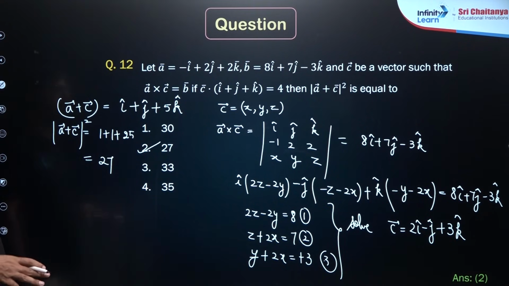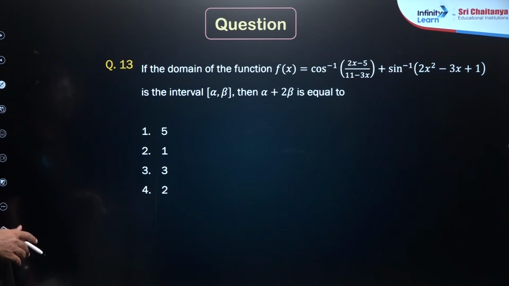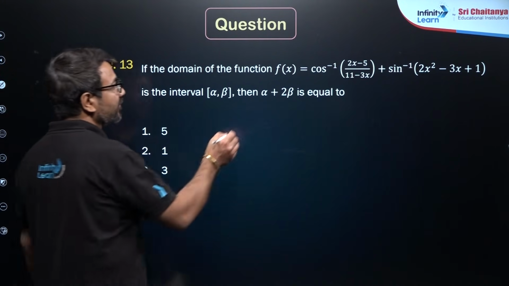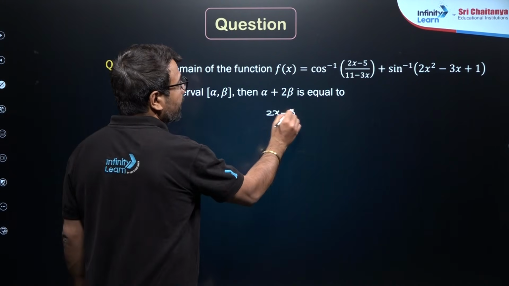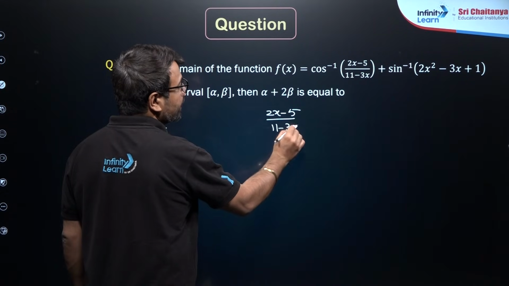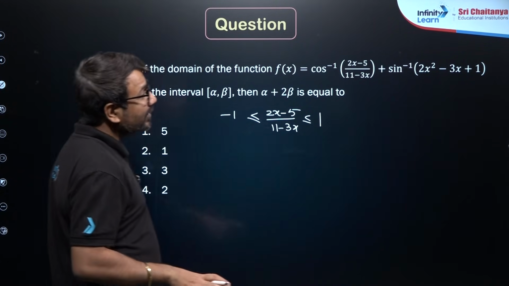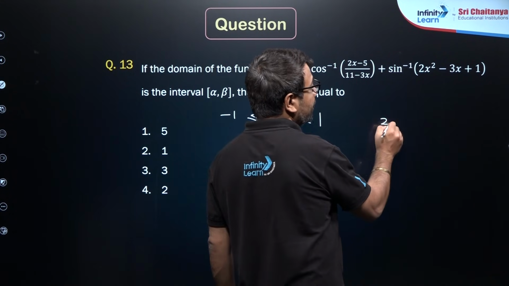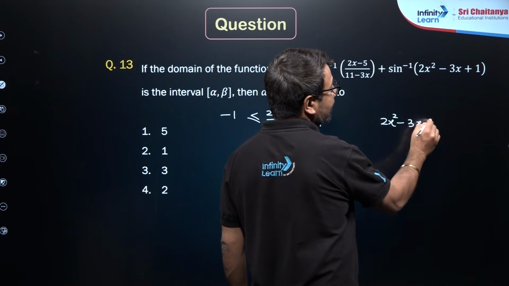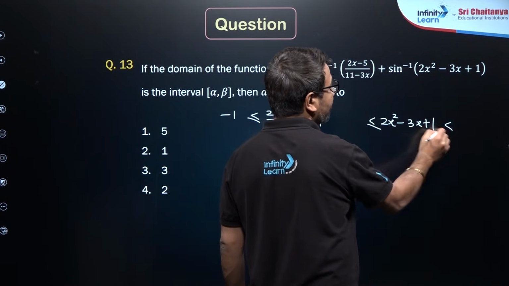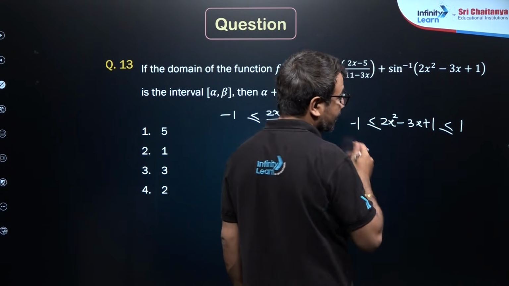I hope you all are able to understand how we got this. Next, the domain of this function: 2x minus 5 over 11 minus 3x has to be between minus 1 and plus 1. However, my dear students, here 2x square minus 3x plus 1 is also between minus 1 and plus 1.